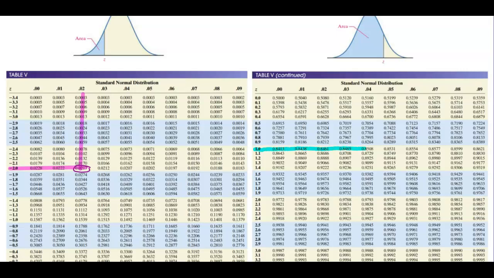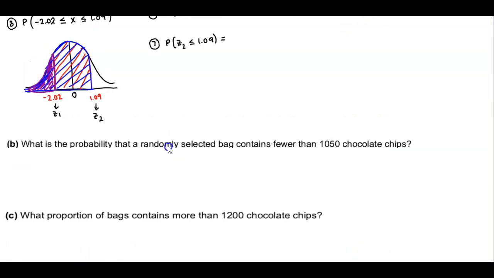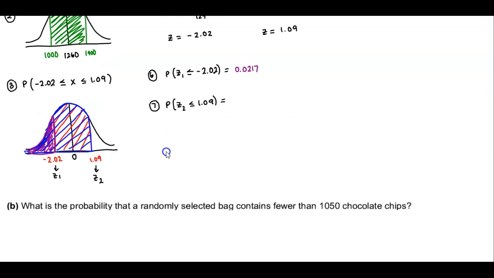And we're going to go all the way to 0.09. And so where do they meet? Well, they meet at the area of 0.8621. So let's go back up here. We get 0.8621.